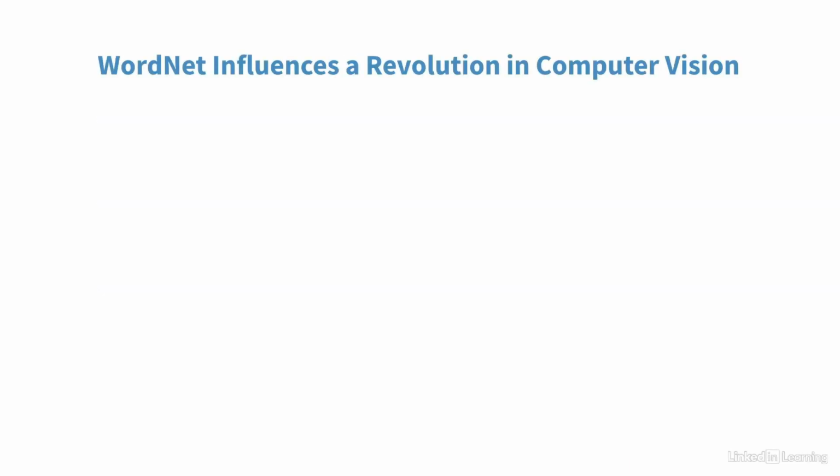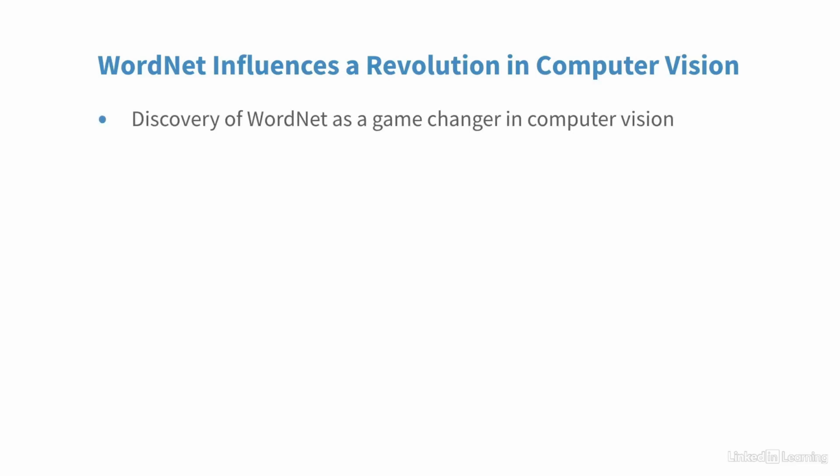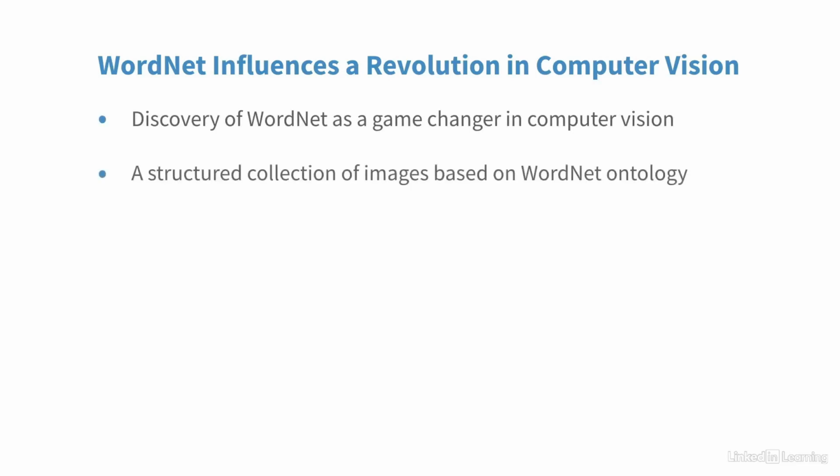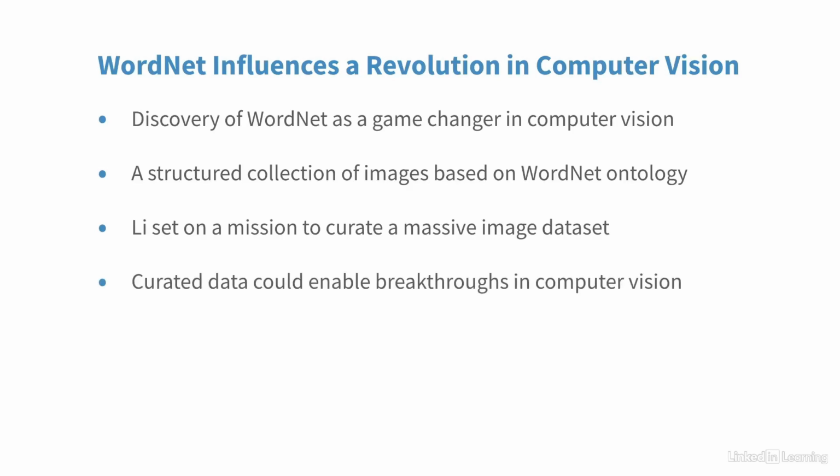On that same episode, Li describes the moment she learned about WordNet and described it as a game changer. Realizing that a vast collection of images structured according to WordNet's ontology could be instrumental in achieving object recognition, she set out to curate a massive image dataset that she believed would revolutionize the fields of computer vision and machine learning.